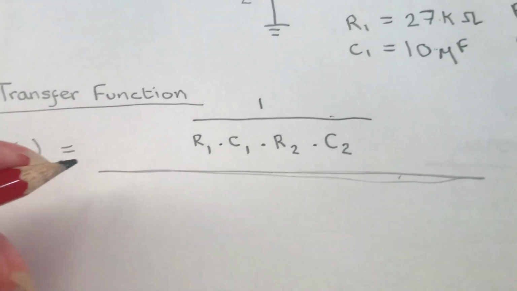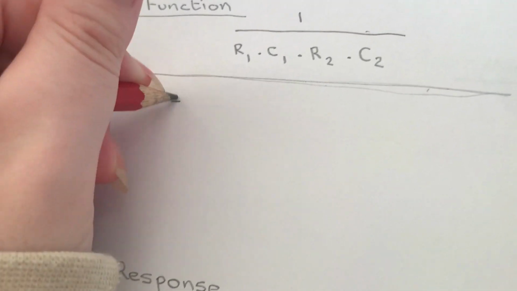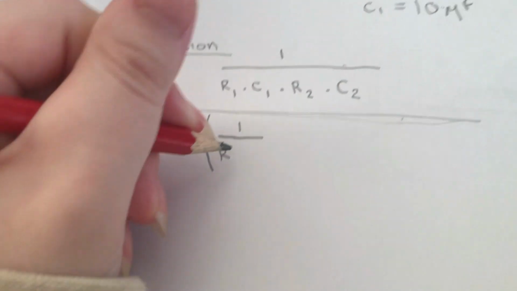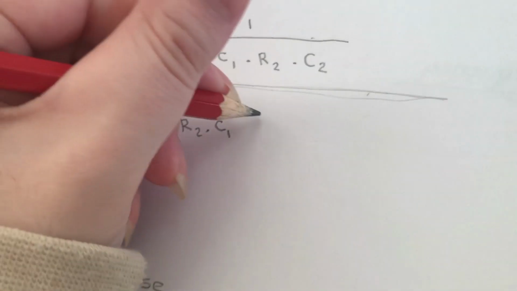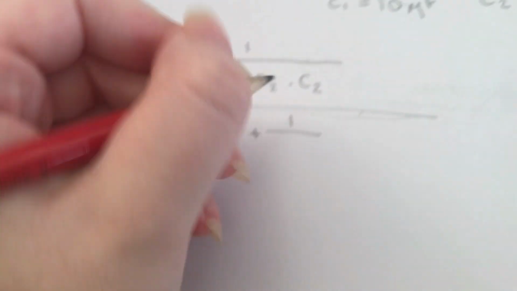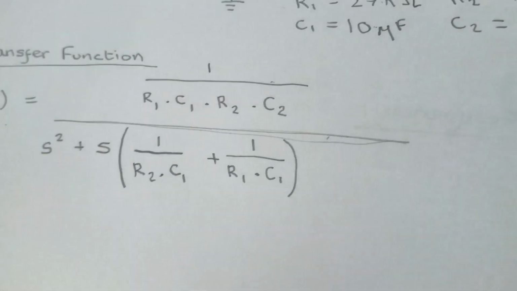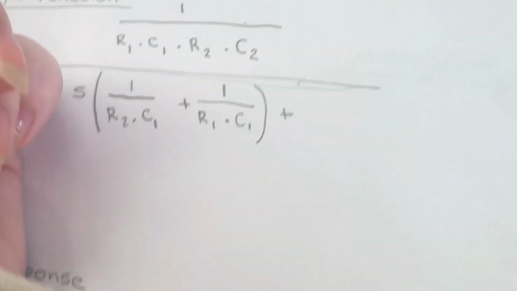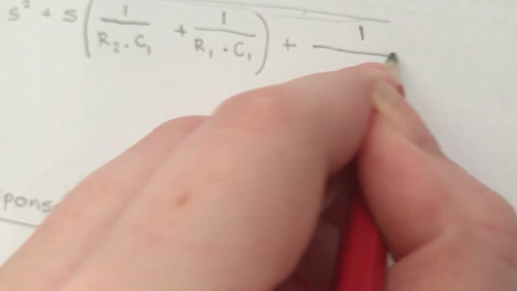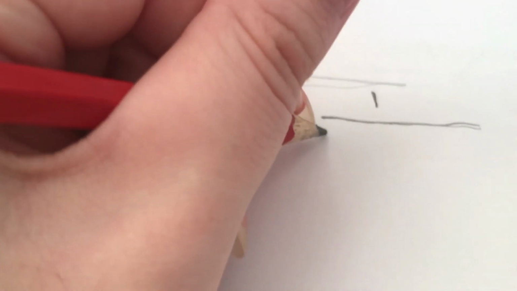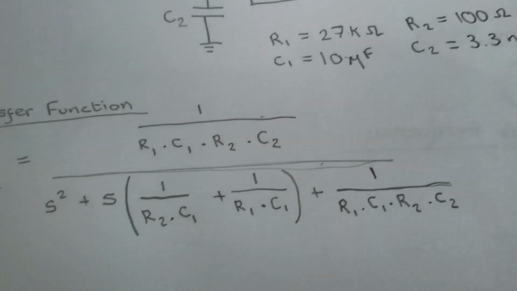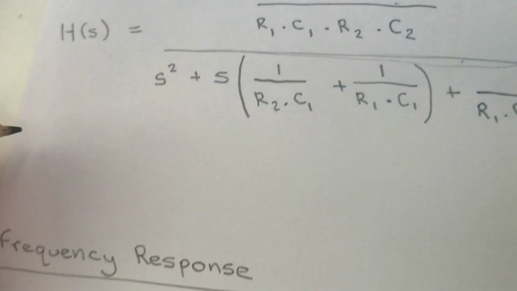And on the denominator we have s squared plus s by (1 over R2 C1 plus 1 over R1 C1), that's the s coefficient, and then plus 1 over another fraction, which is the same as the numerator, R1 C1 R2 C2.